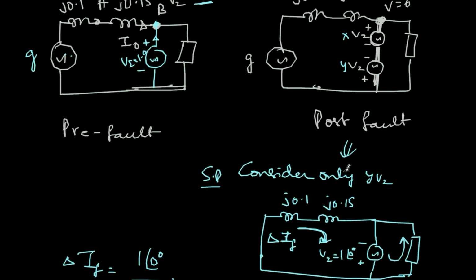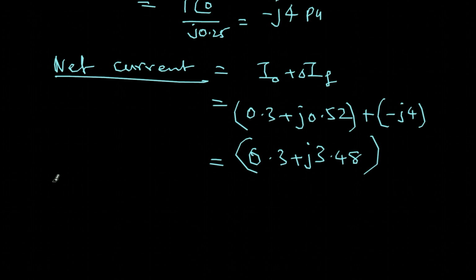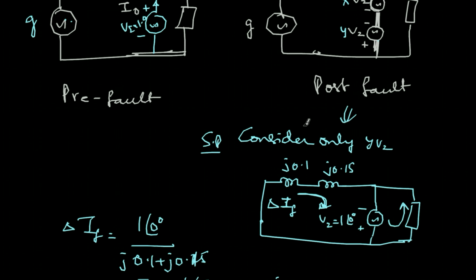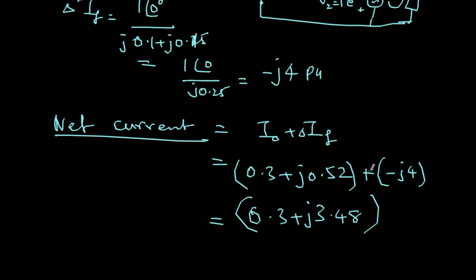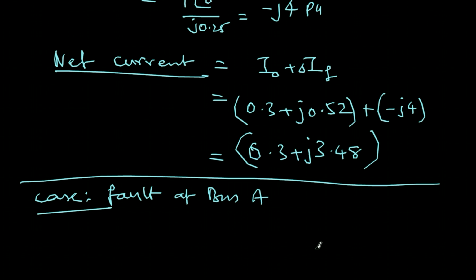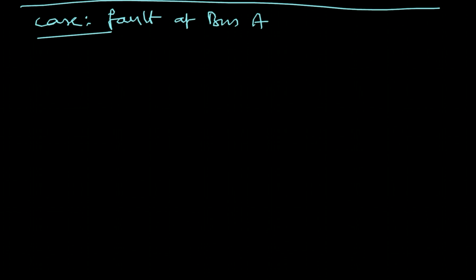Now this whole case is when the fault is occurring at bus B. Now consider the case of a fault at bus A. So let me redraw the power system.